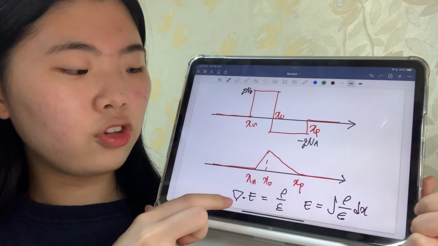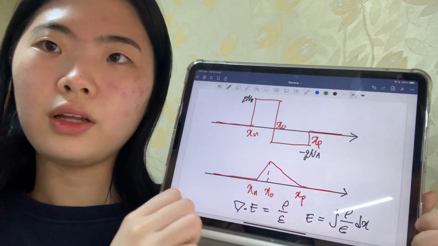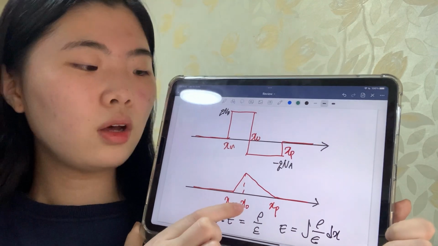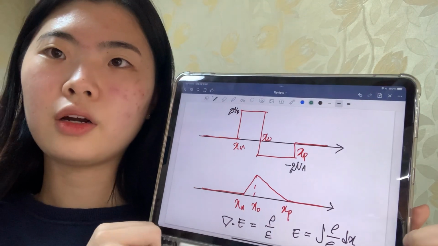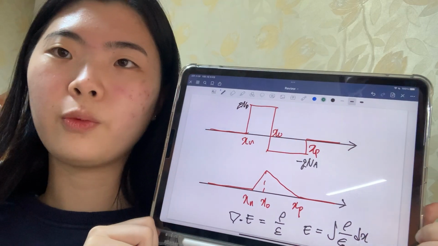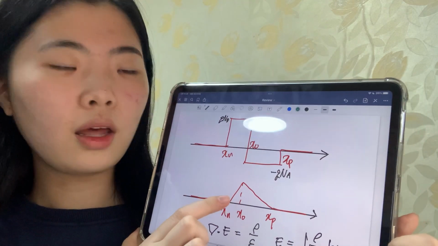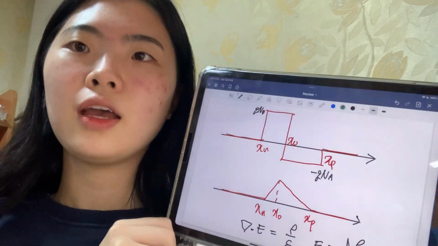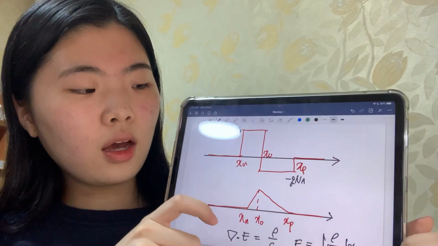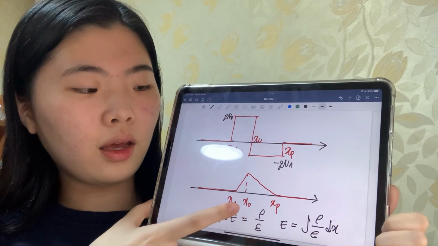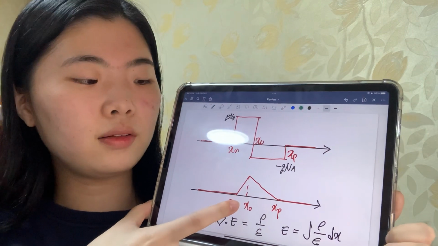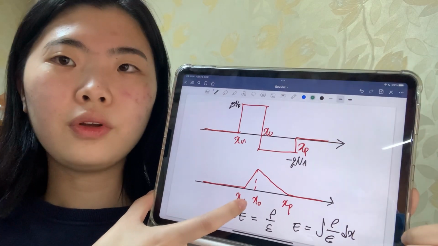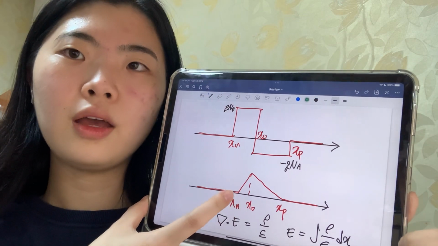Based on this equation, we can calculate the electric field, and at x0 the electric field will be maximum. The n-type and p-type electric fields should be the same at x0 because this is the boundary of n-type and p-type. So on the boundary the electric field will be maximum.